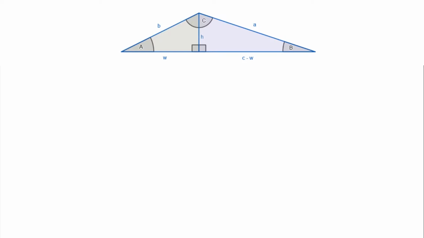Because the triangle on the left is right-angled, we can use Pythagoras' theorem to deduce that w squared plus h squared is b squared. Similarly, the triangle on the right is right-angled, so again using Pythagoras' theorem, we have that c subtract w squared plus h squared is a squared.